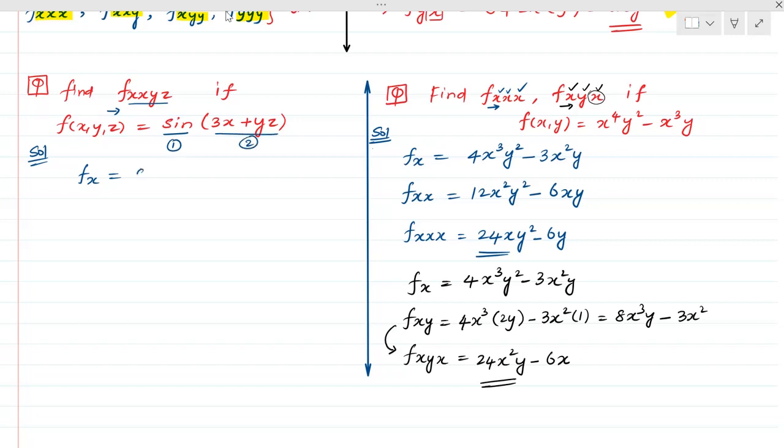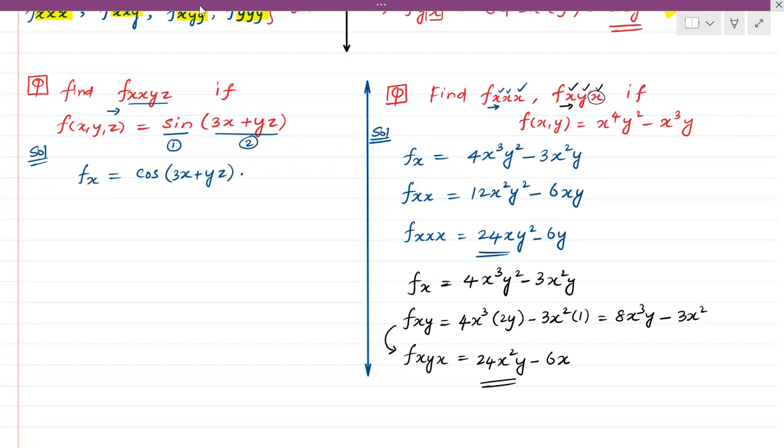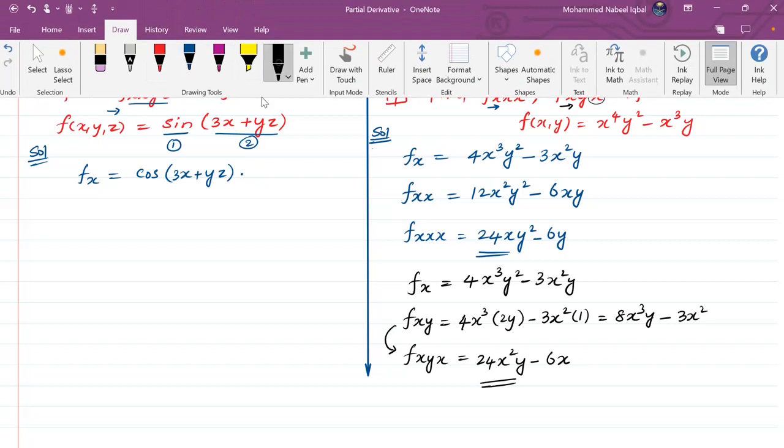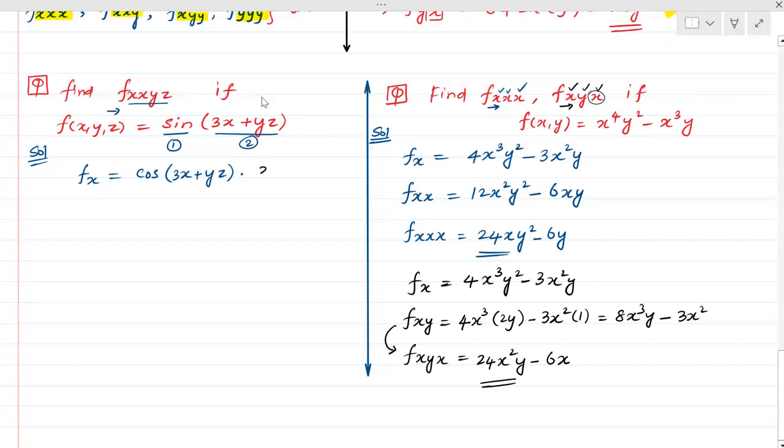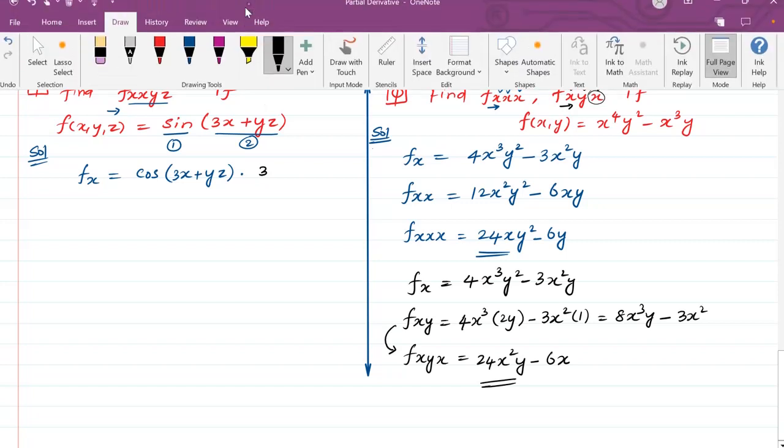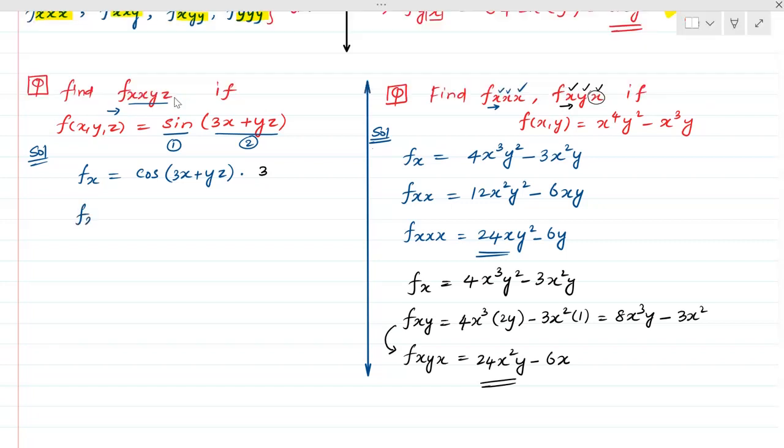Differentiating the sine gives cosine(3x + yz). Now the inside with respect to x becomes 3, and there is no x term in the rest, which is 0. So f_x is given by 3 cos(3x + yz).